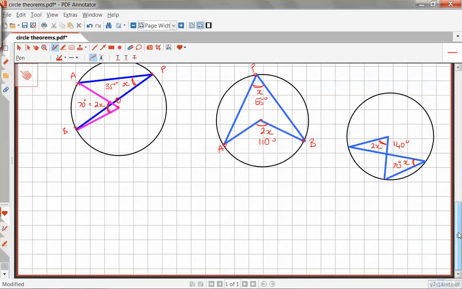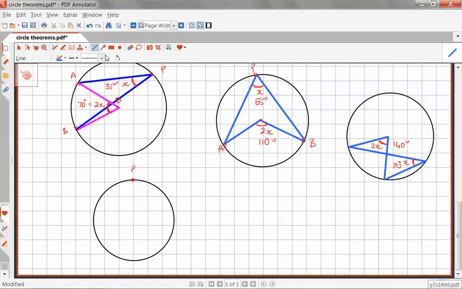Alright. One more, and then we'll get on with some questions. One more is to do with tangents. So, before you draw, let me explain. So I'm going to pick a point, let's say point P. Do you know what I mean by drawing a tangent?